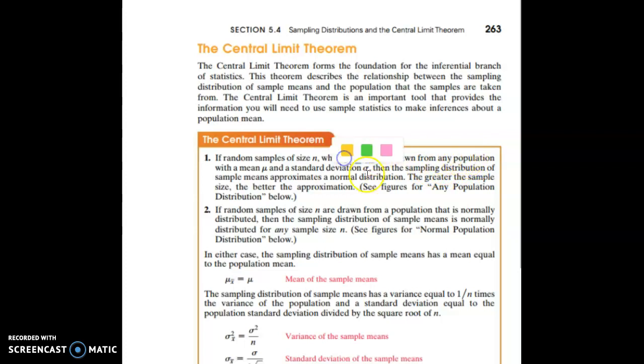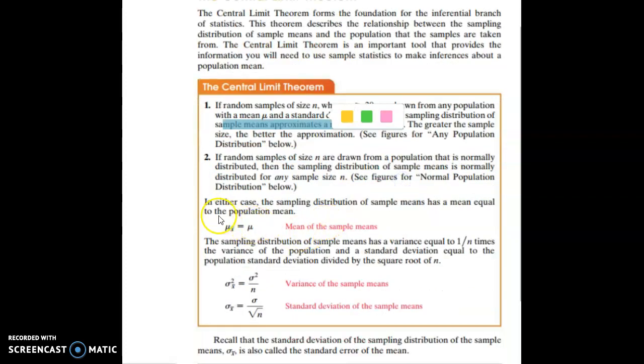If our samples are above size 30, then the sampling distribution of sample means will approximate a normal distribution. And we know the mean of our sampling distribution will match the population mean, and the standard deviation of our sampling distribution is the population standard deviation divided by the square root of the sample size.